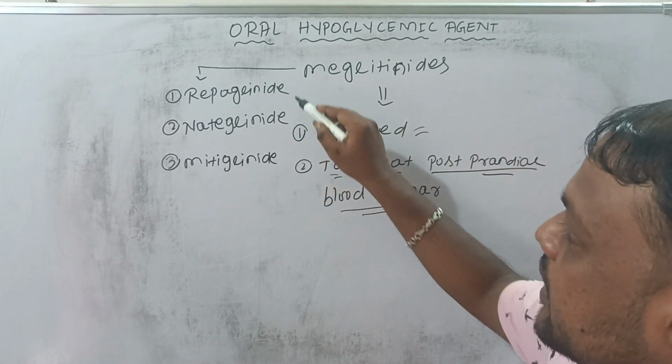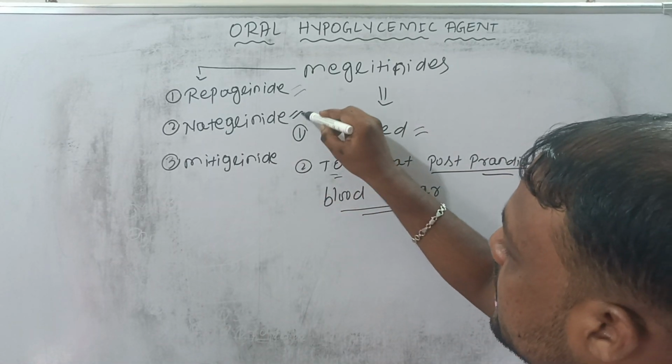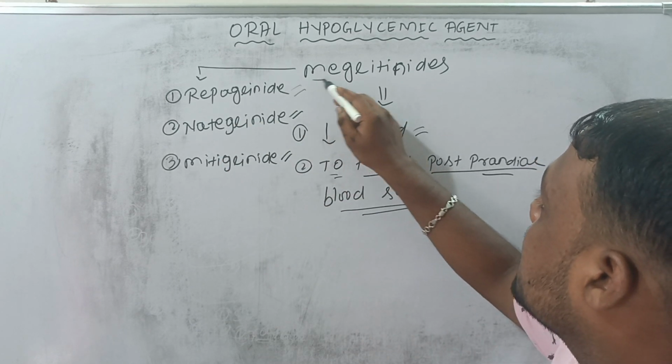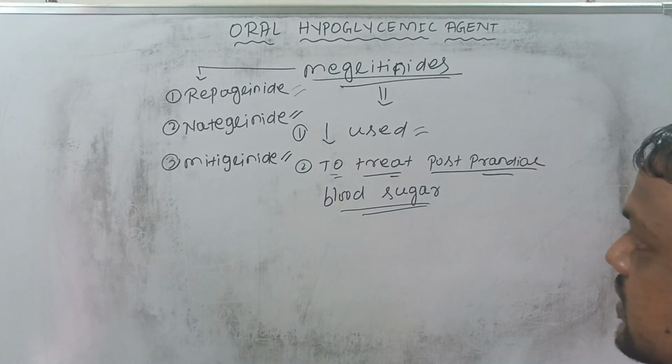The repaglinide, nateglinide, and mitiglinide, all three are derived from the glinides group.